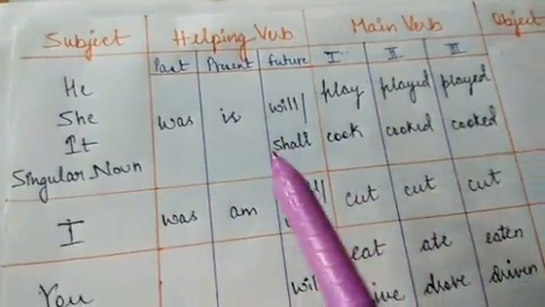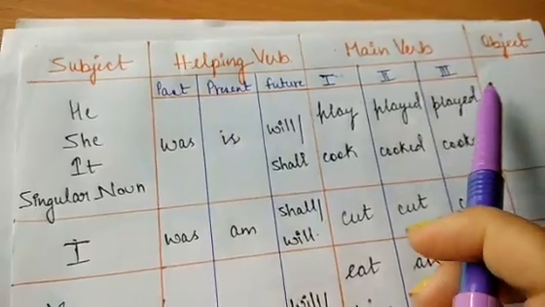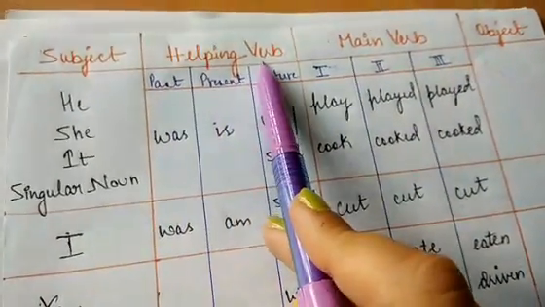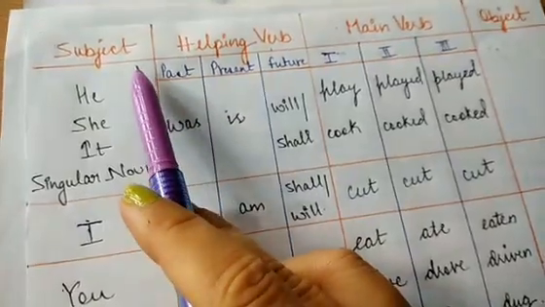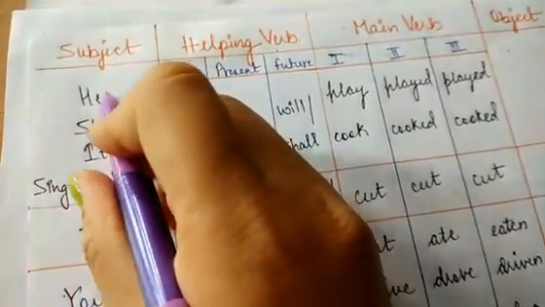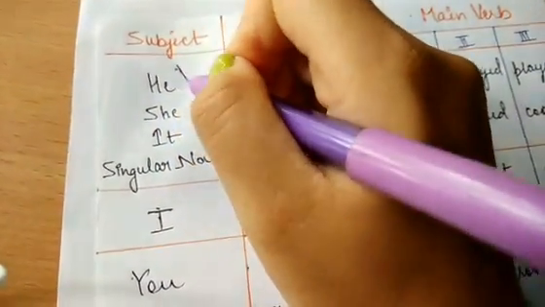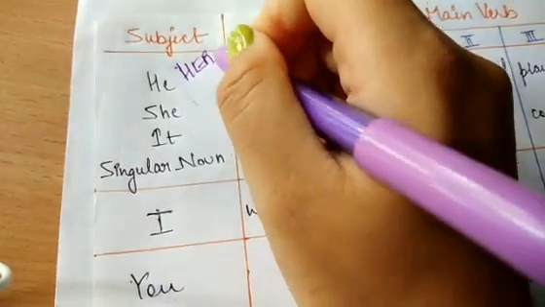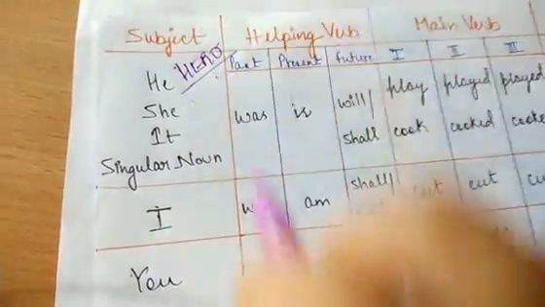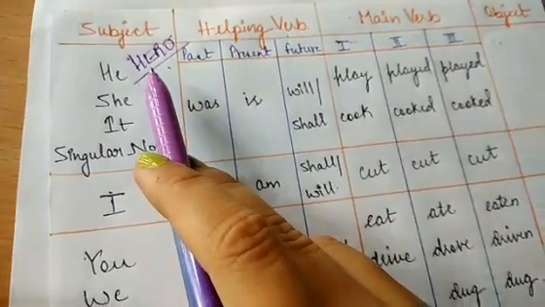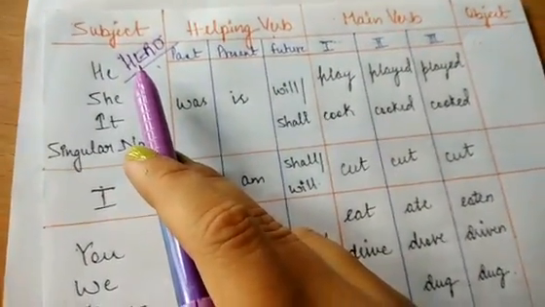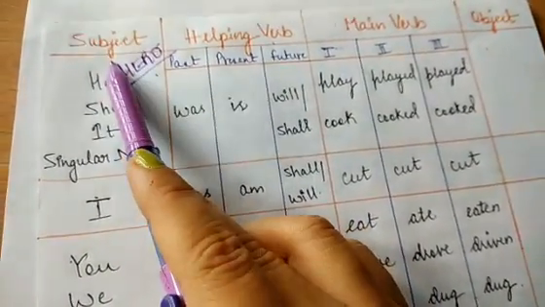Now, this is an elaborated form of the structure of a sentence: subject, helping verb, main verb, object. What is a subject? Please remember, subject refers to the hero of a sentence. Any person or any object that is doing its job or performing the task is called the subject.